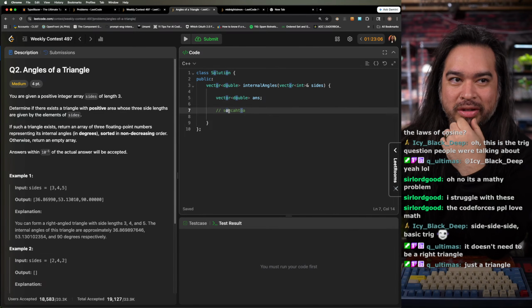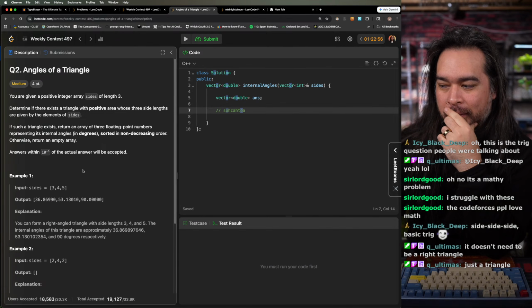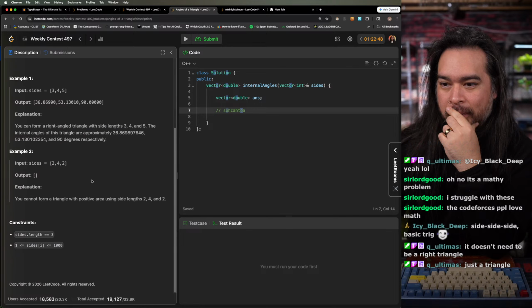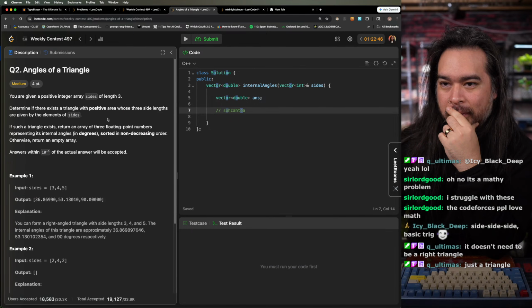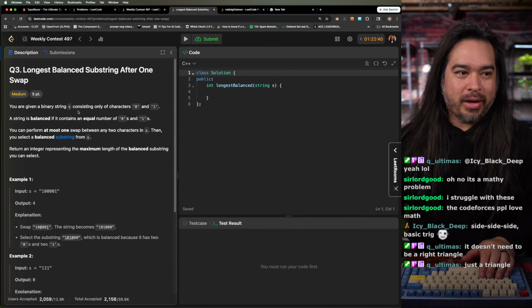Oh no, it's a mathy problem. I struggle with these. Yeah, I don't do math, man. I'm gonna come back to that one because I don't know my math.